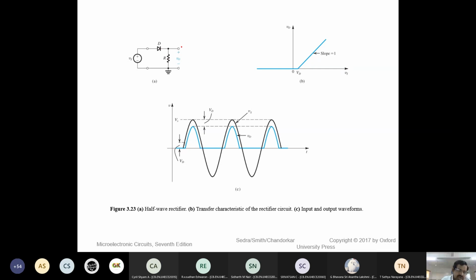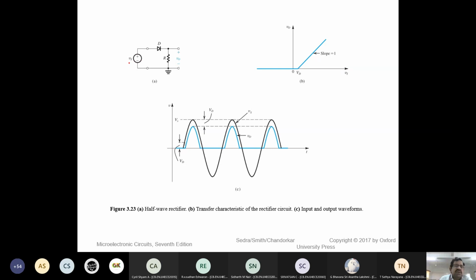We always took output across here. So you have to understand that things are different in the way we have connected the circuit. Forget about this transfer characteristic for now, but you might already be able to understand it because we have taught it in great depth. But still, I will go from the beginning.